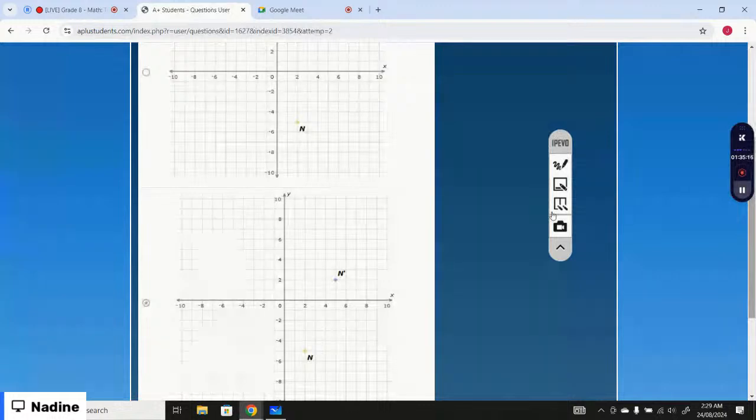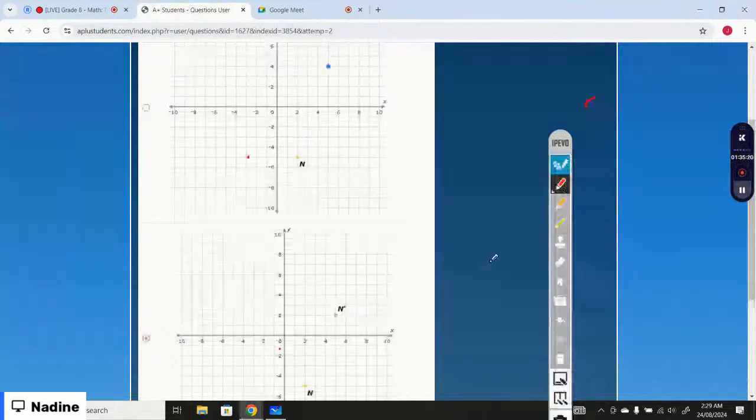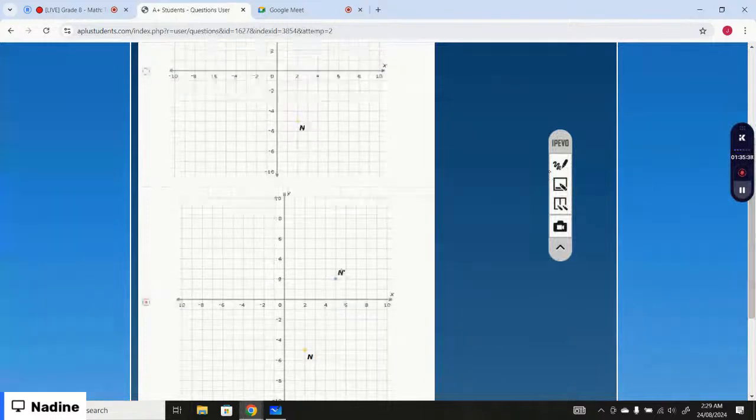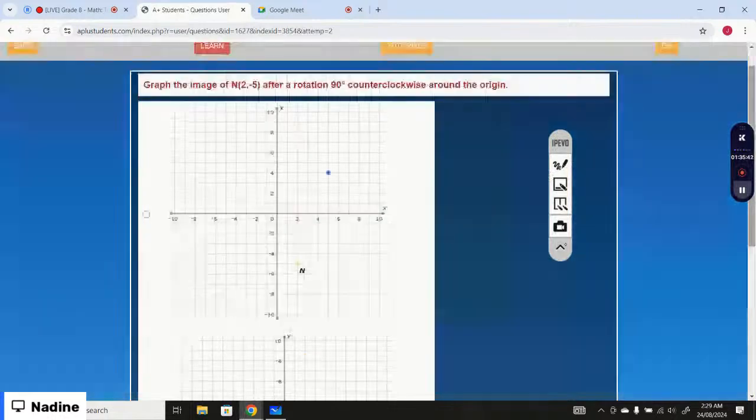So yes, that is the rotated image, and those are the coordinates. Just look at the coordinates. The coordinates are 2 and negative 5. So option number 2 is the correct option.